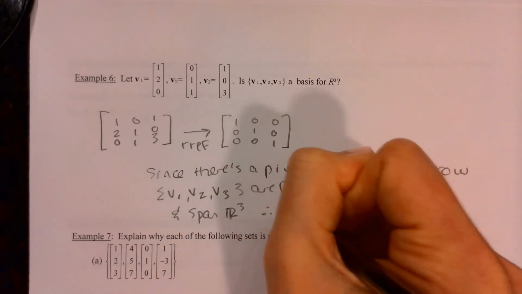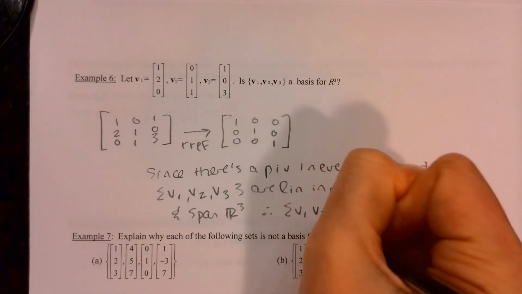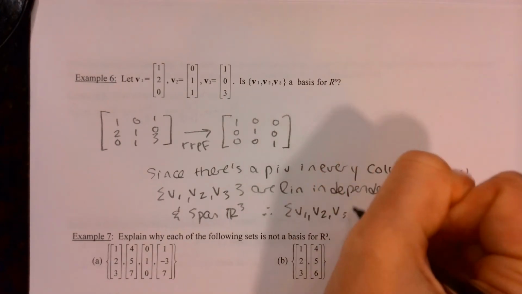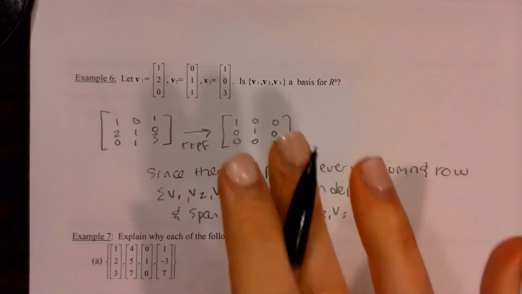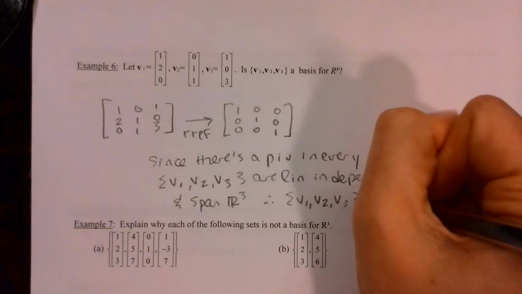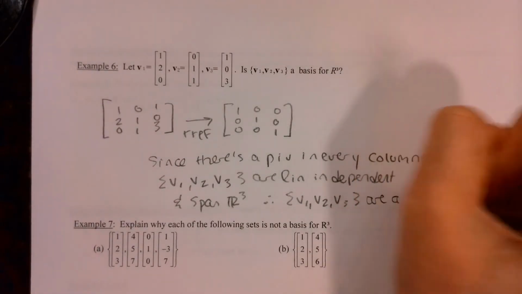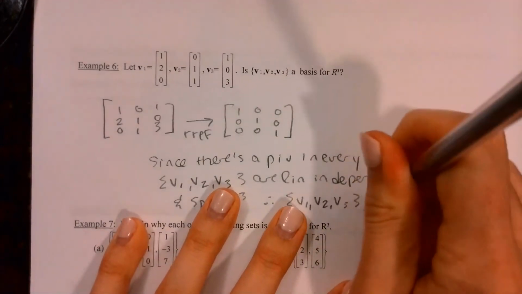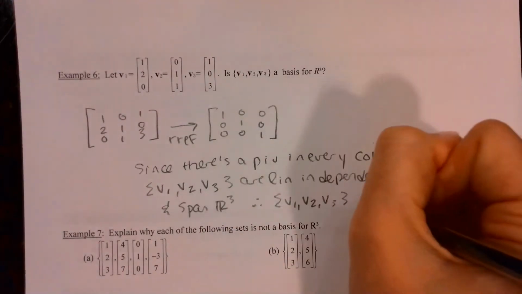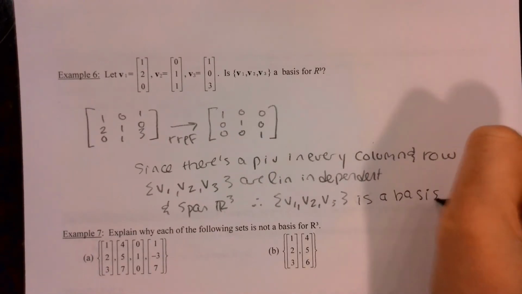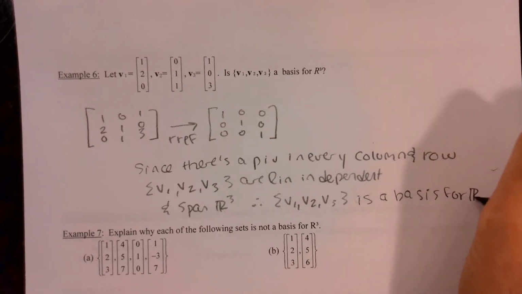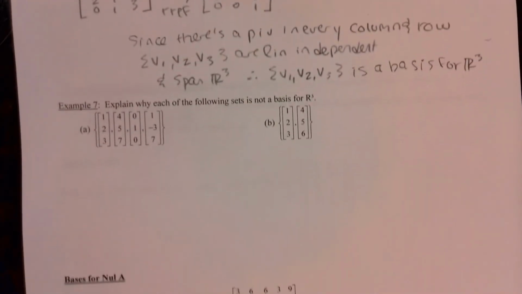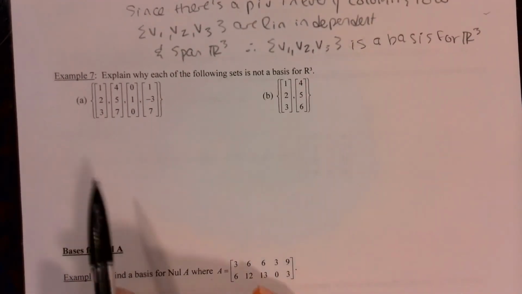Therefore, the set V1, V2, V3, even though they are not the unit elements we would think about in 3 dimensions, are a basis. Excuse me, this is a set, so I should use proper grammar and say that this set is a basis for R3.